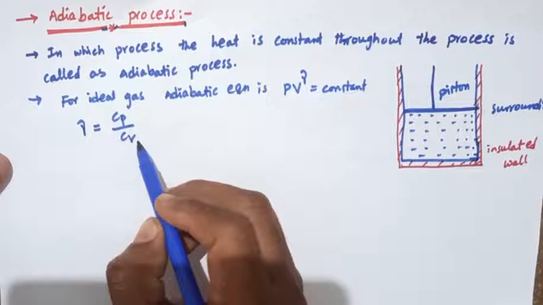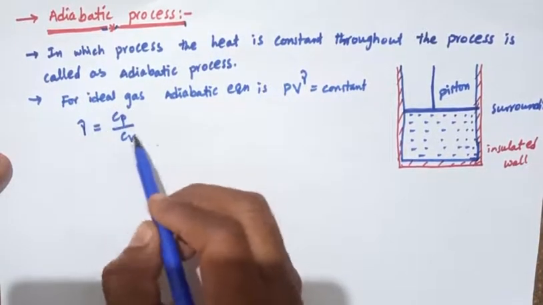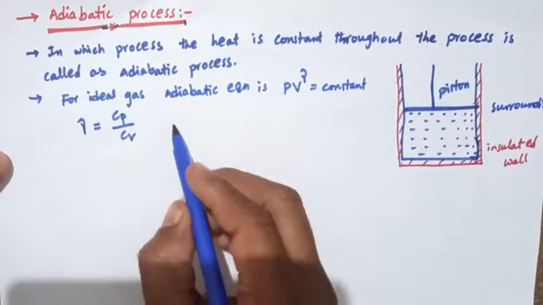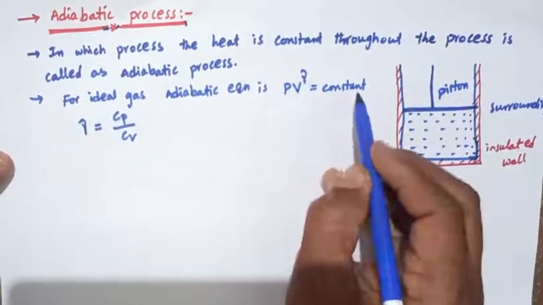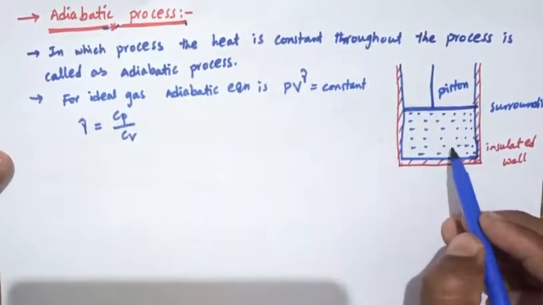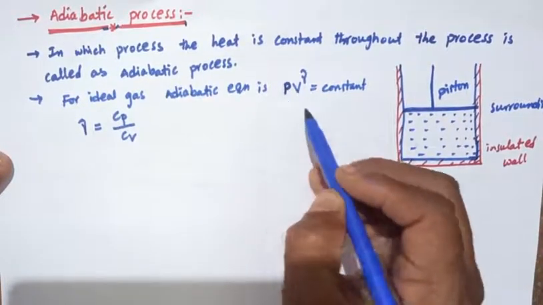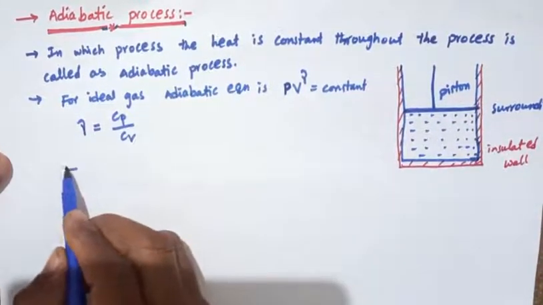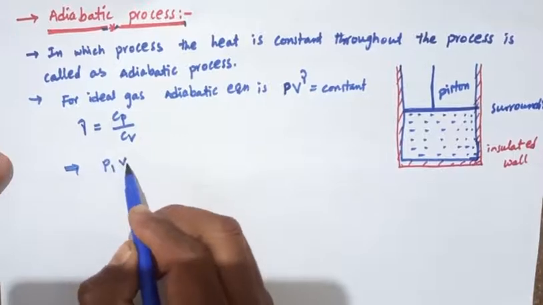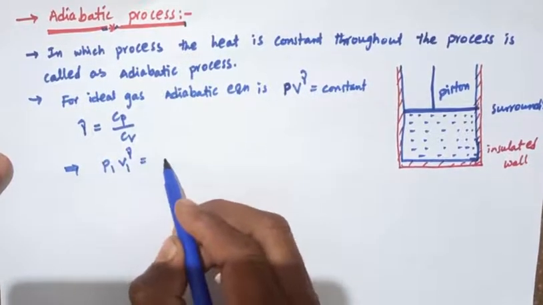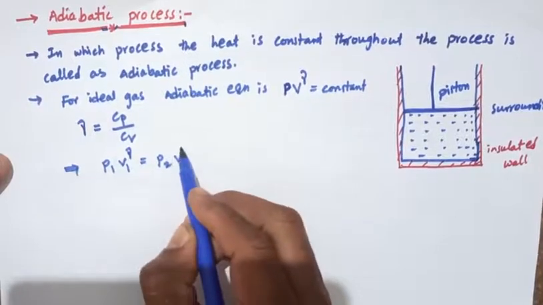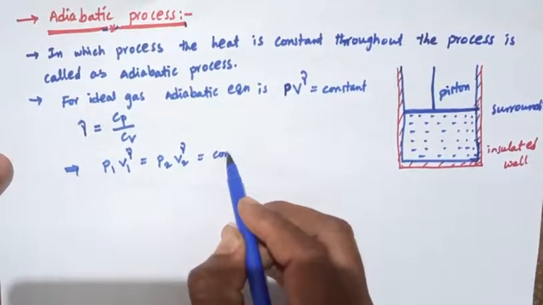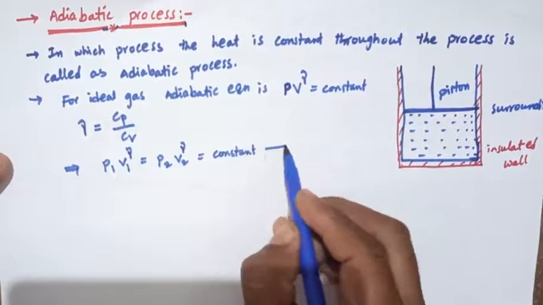We already know that Cp minus Cv equals R, and here Cp by Cv equals gamma. So PV to the power of gamma equals a constant, which can also be written as P1 V1 to the power of gamma equals P2 V2 to the power of gamma. This is equation number 1.